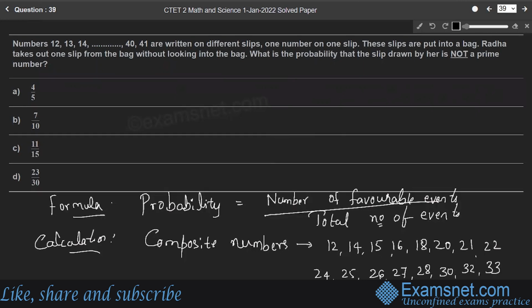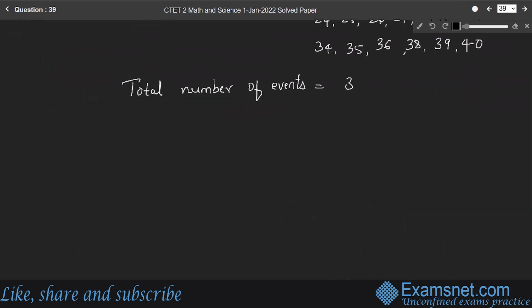So the total number of events are 30, and favorable events are nothing but the composite numbers. So in these 30 numbers, how many are composite? Which is equal to 22.